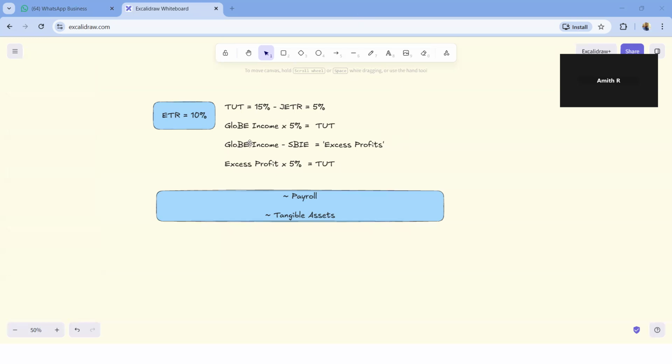If it is a fraction of payroll and tangible assets, it's already embedded there. Then why would I need to give a separate SBIE? Are you getting the point or the argument I'm raising? So let that curiosity build in, and let's understand, and let's see the words and how you have to write the exam as well.